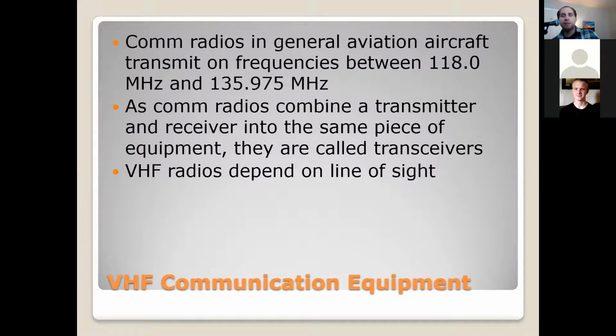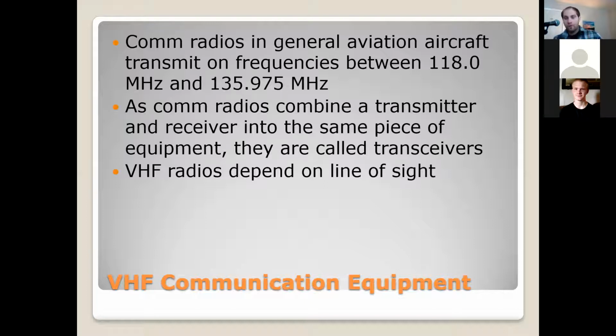Our communication equipment in the cockpit is actually a combination transmitter and receiver. You call that a transceiver. Nice. They put it into the same piece of equipment, and this radio technology is dependent on line of sight, which is again why it was such an important idea to climb to higher altitudes if you're having issues.